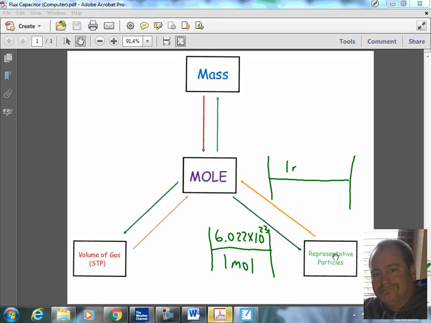I'm going to have one mole on the top. I'm going to have Avogadro's number on the bottom. Now remember, Avogadro's number can have the 3 different labels, right?